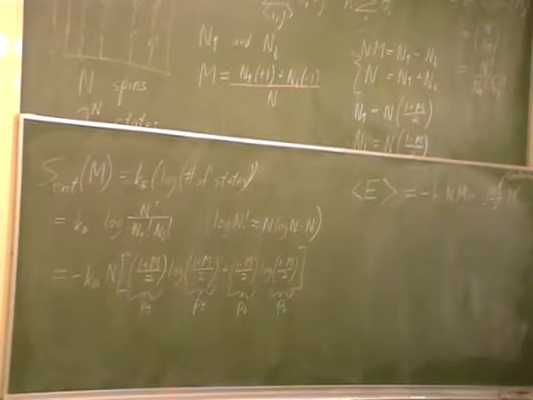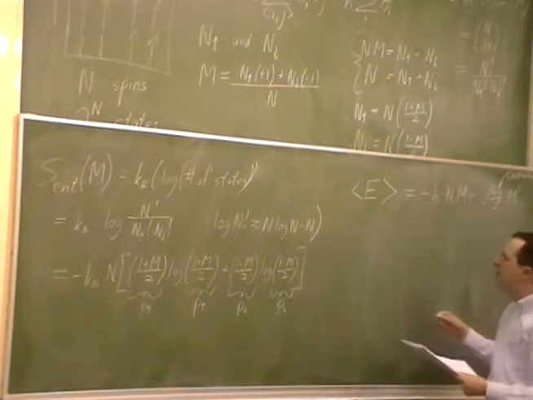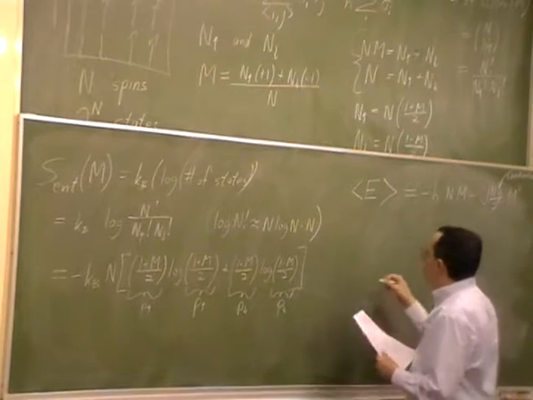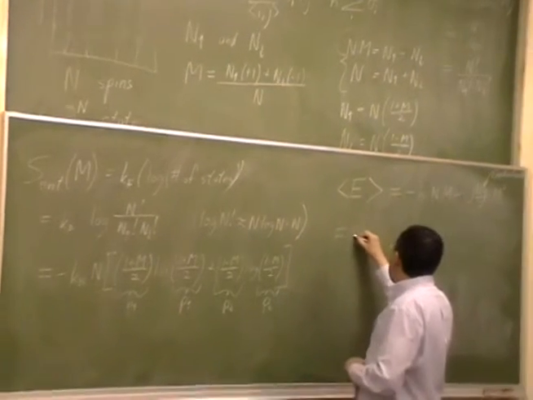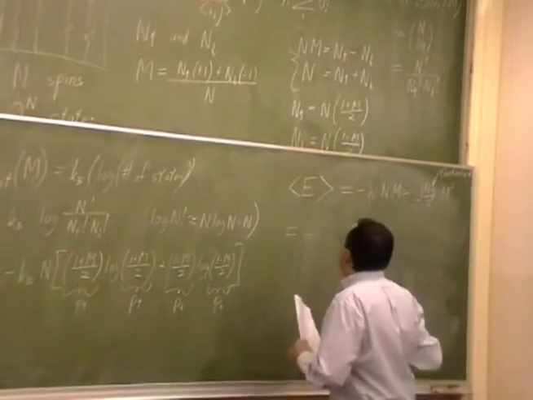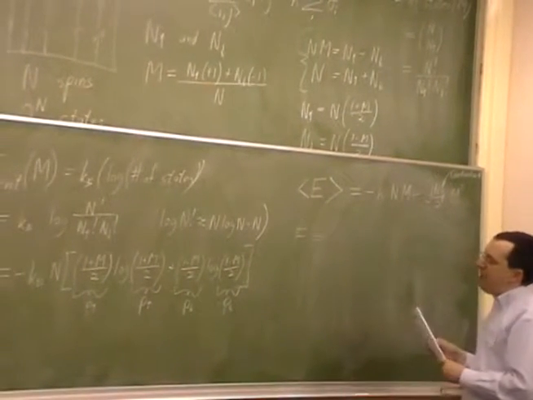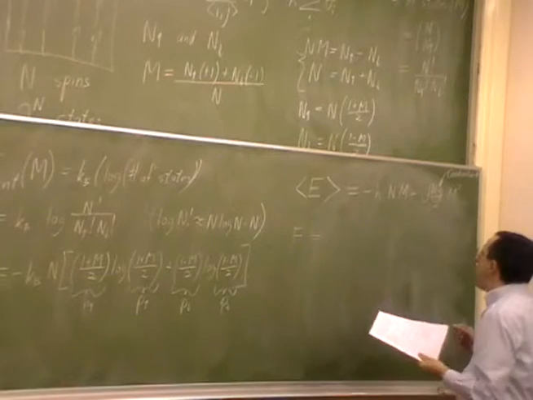Now I can combine these two things to make the free energy for the Ising model. The free energy is going to be the energy minus temperature times entropy.